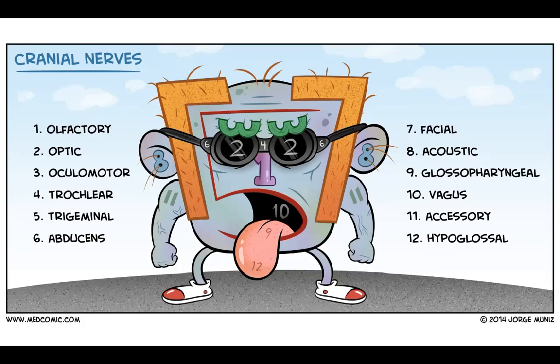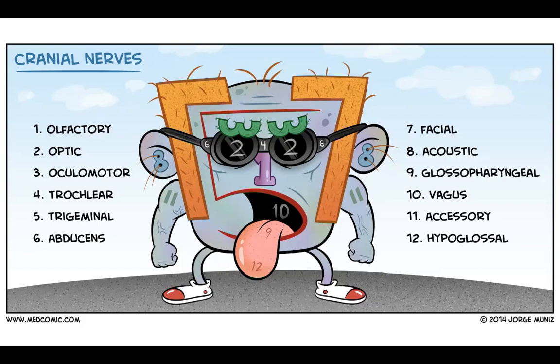And then cranial nerve 3, 4, and 6, remember they all go together to check extraocular muscles. So cranial nerve 3 is oculomotor, cranial nerve 4 is trochlear, and cranial nerve 6 is abducens. These nerves also are important for checking pupil size.